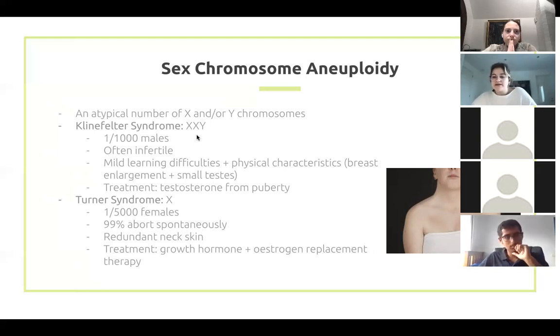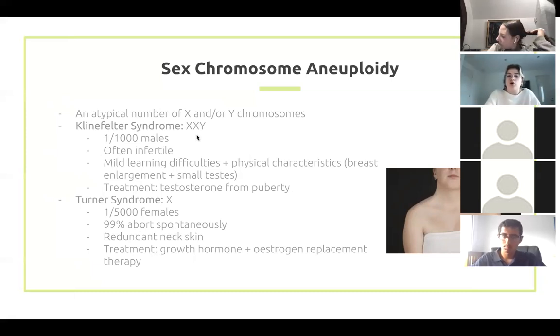So even though there's an additional X, this person is still a male. However, they've got this additional genetic information, and so their most prominent physical characteristics are things like breast enlargement and small testes. So they're leaning away from normal male characteristics.